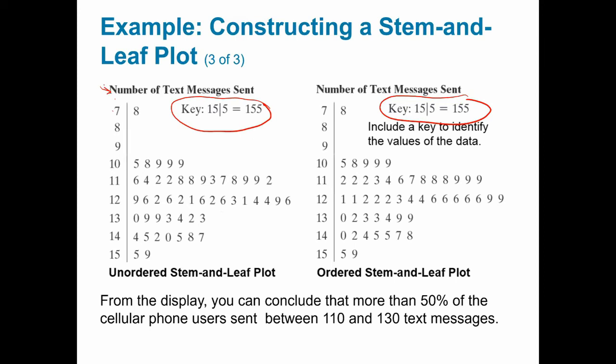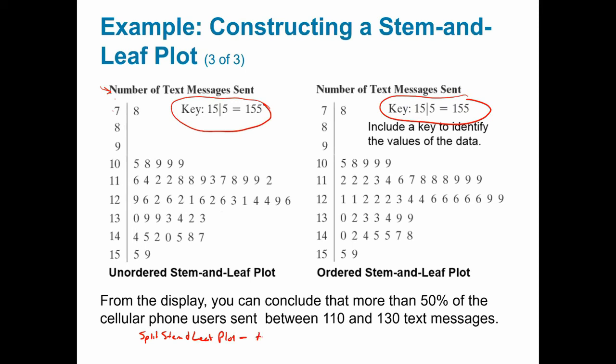There's one more type of stem and leaf plot you might see on the homework, which is a split stem and leaf plot. With a split stem and leaf plot, all that is is you split each stem into 2 rows.